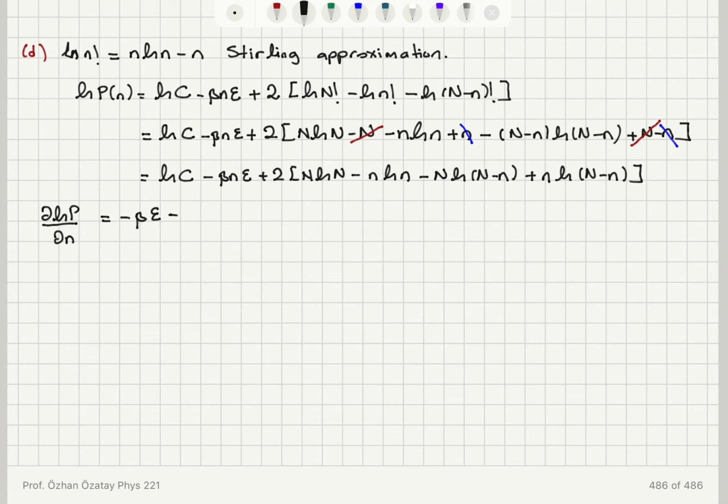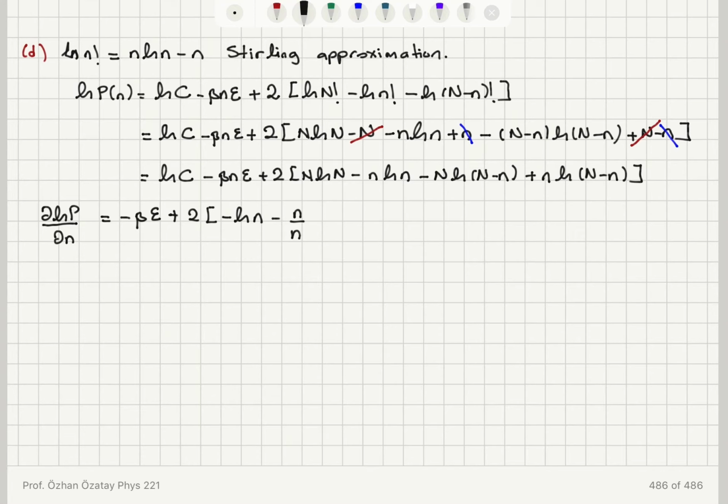And then I have plus 2 times, let's see here, capital N natural logarithm capital N, no contribution, minus n natural logarithm n will give me a contribution. The first term will be minus natural logarithm n, the second term will be minus n divided by n, the derivative of natural logarithm of n with respect to n.